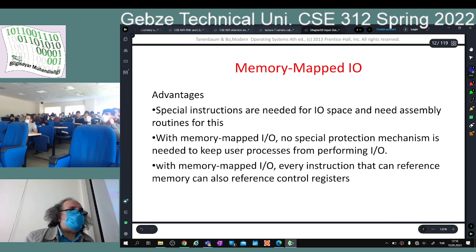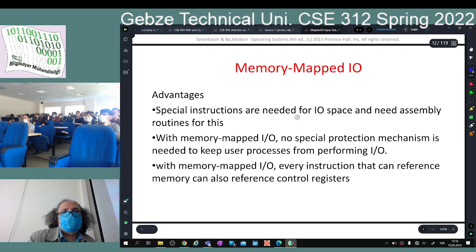For memory mapped I/O, you don't need any special I/O instructions, so your CPU is simpler. If your CPU is simpler, that means you can have more cache space and more registers instead of implementing these special I/O instructions. That's good.